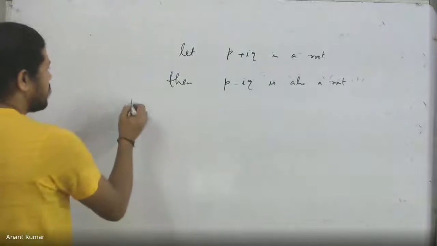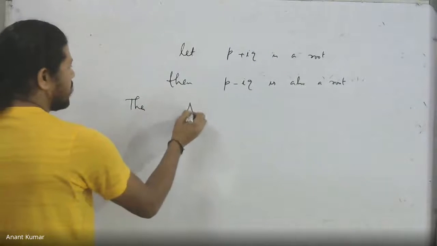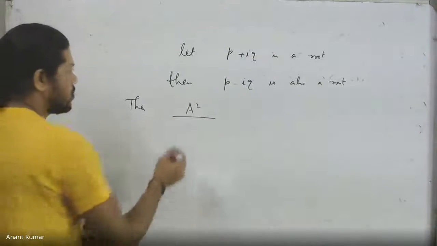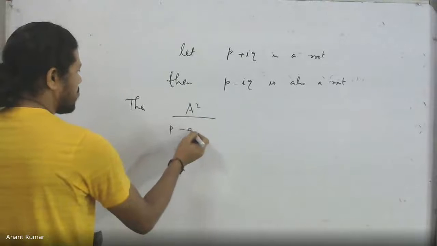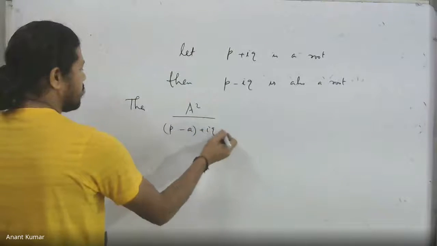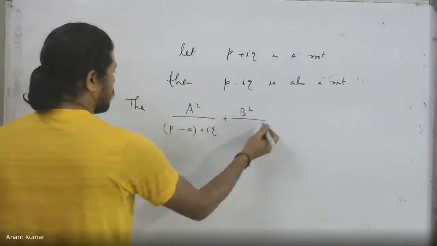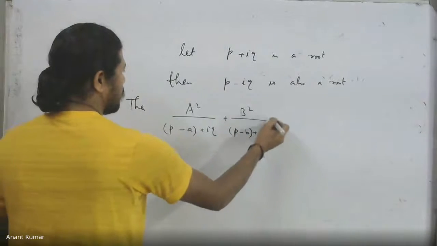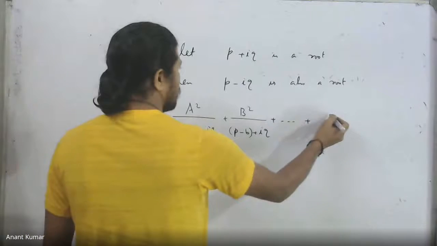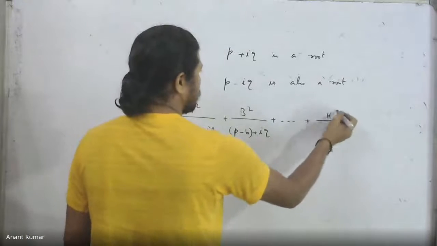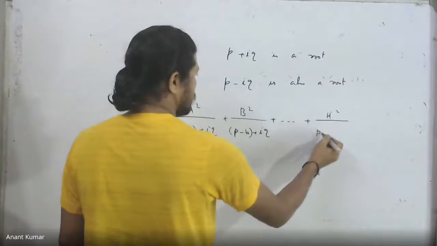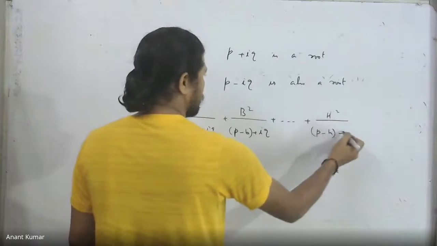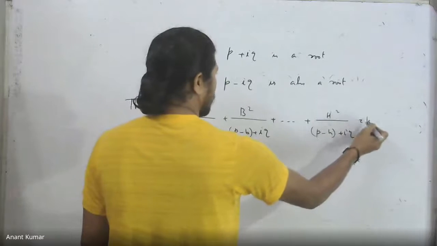Then I have A squared upon, instead of x, p plus iq. So I get p minus a plus iq, then B squared upon p minus b plus iq, and so on, up to H squared by p minus h plus iq equal to k.